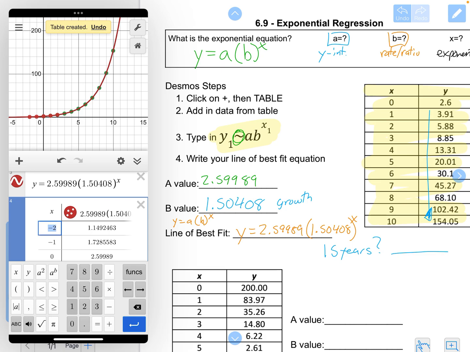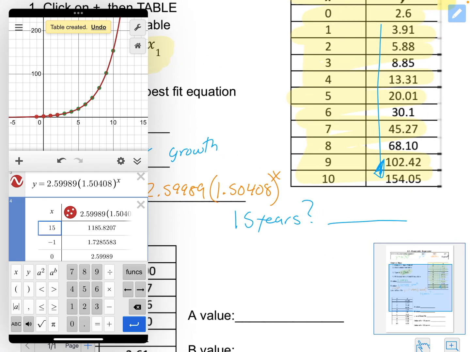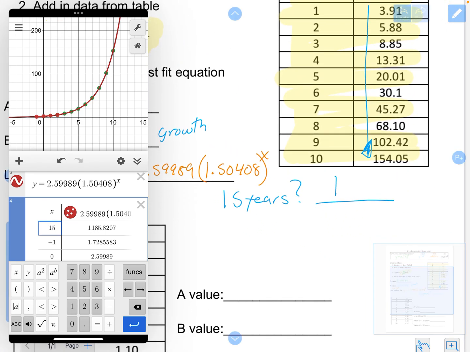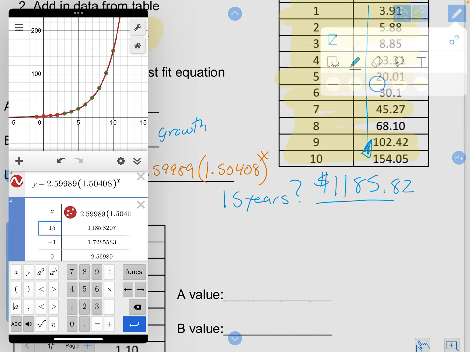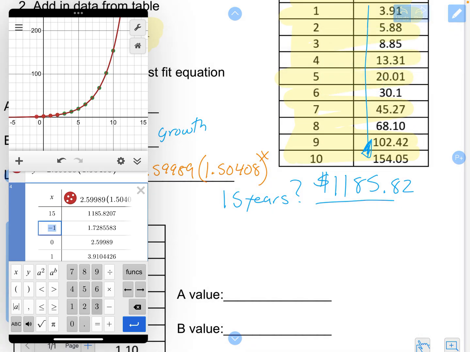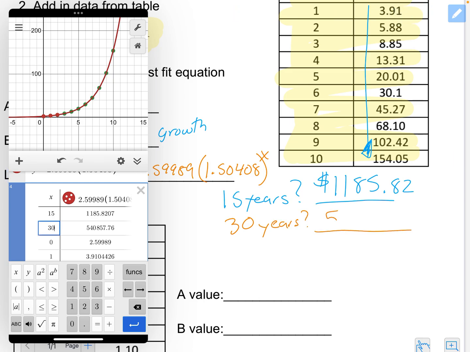After 15 years, whatever this item is, it's going to be worth $1,185.82. Let's look 30 years in the future. So we get $540,857.76.